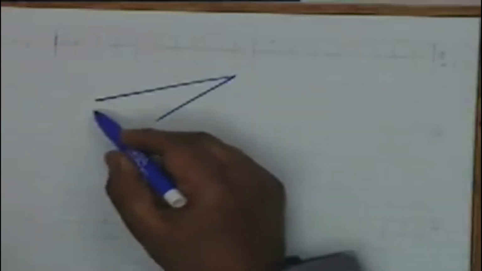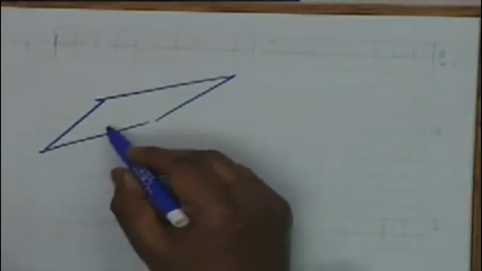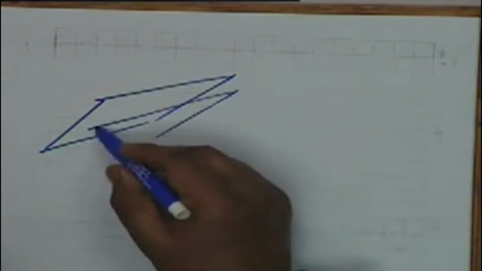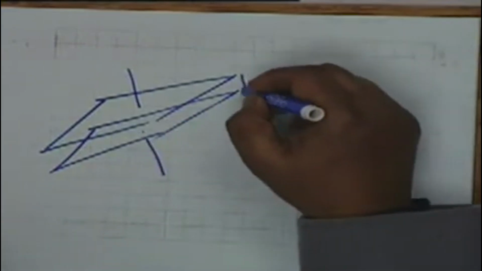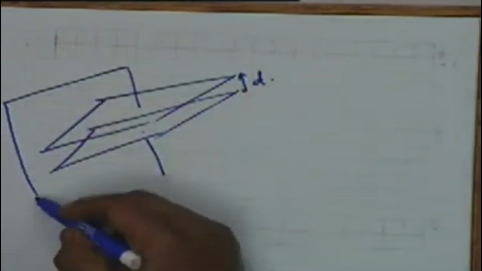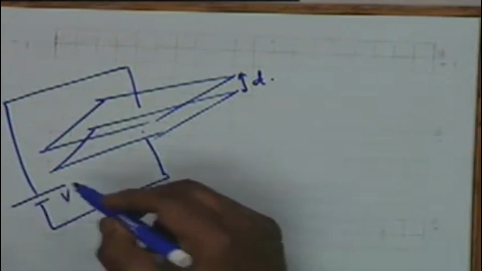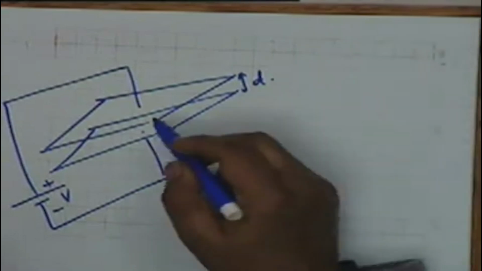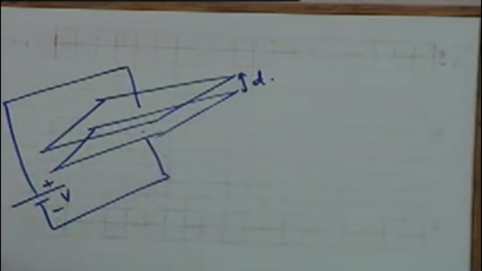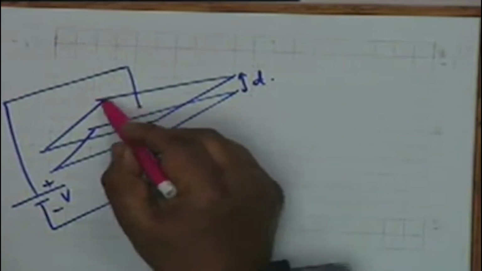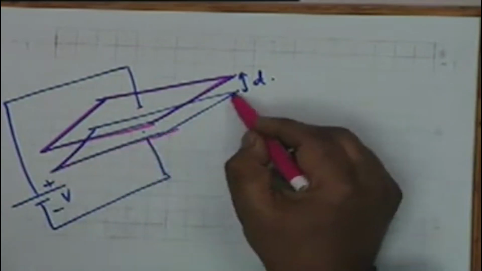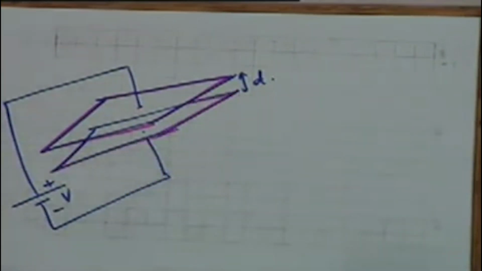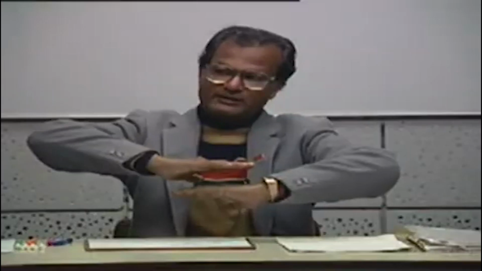Let us consider two parallel plates like this, separated by a distance d, and let us connect a battery of voltage V across them.